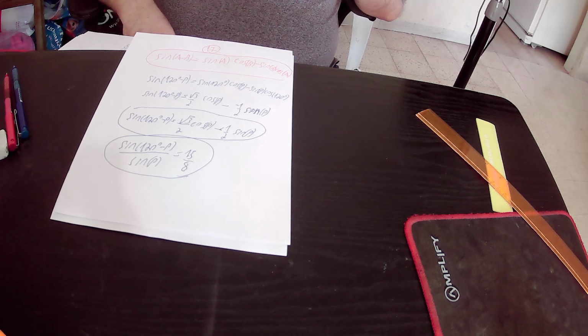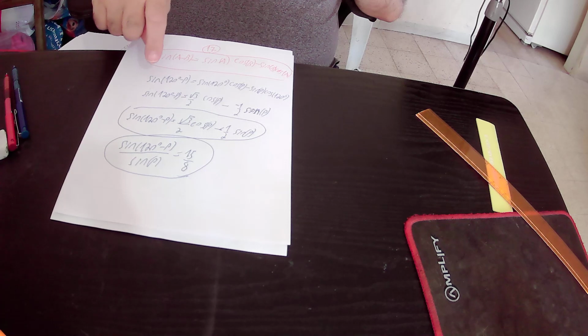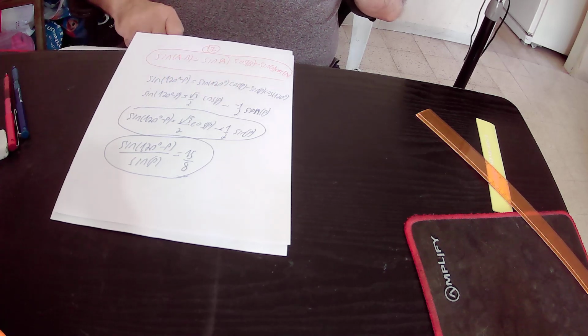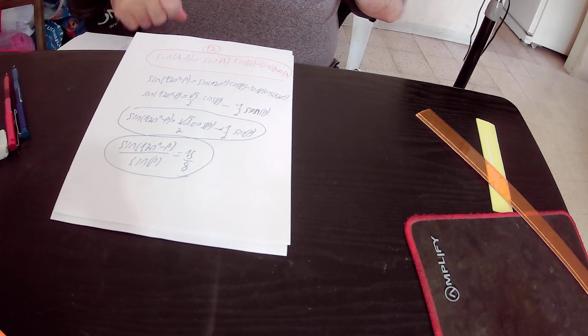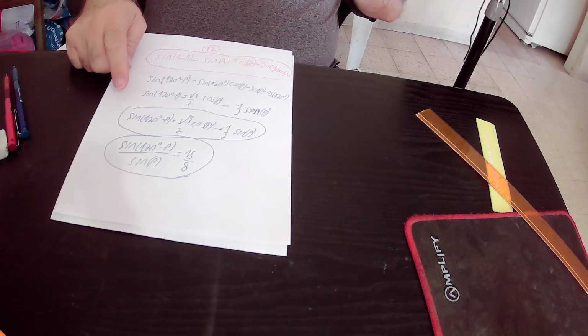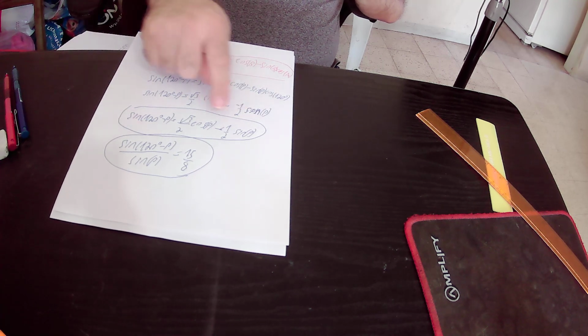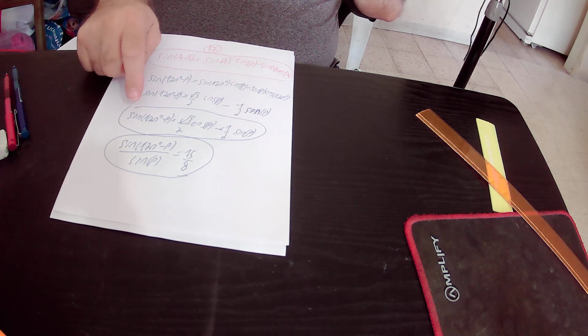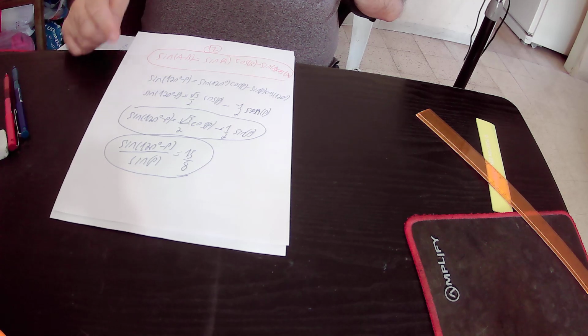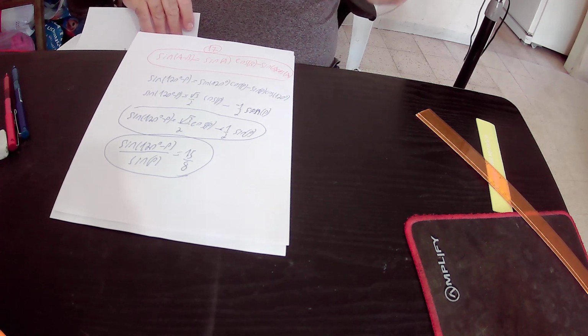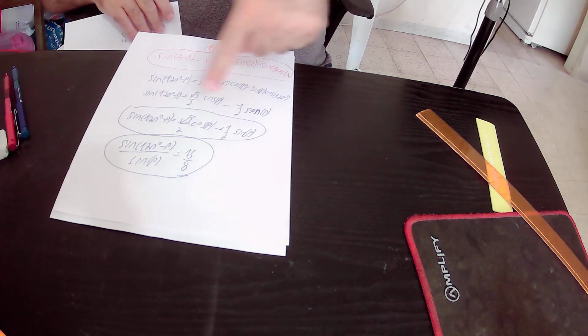And at the end, we found out that the value of sine (120 degrees minus p) equals this expression. So we can substitute sine (120 degrees minus p) in this equality by this expression.